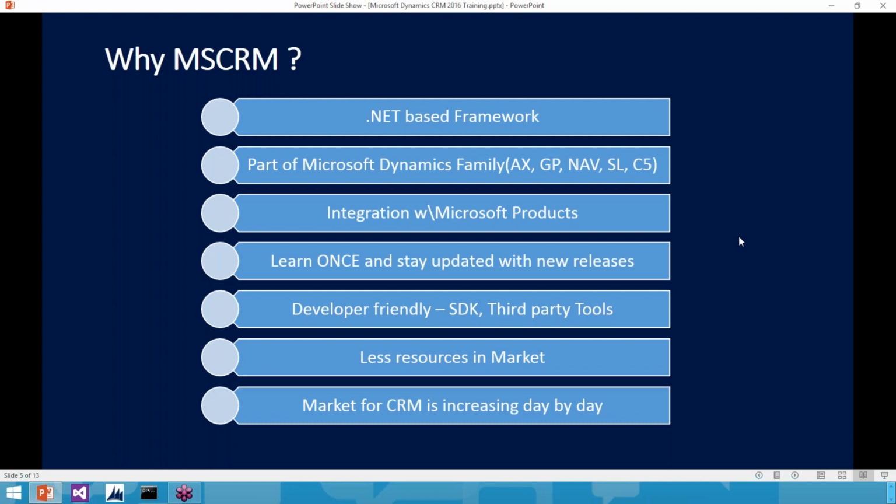And the very important thing, this is for your future if you're trying to get into CRM: the market for CRM is increasing day by day. Most of the clients, new clients, are trying to get into CRM business. They want to use CRM application as much as possible.